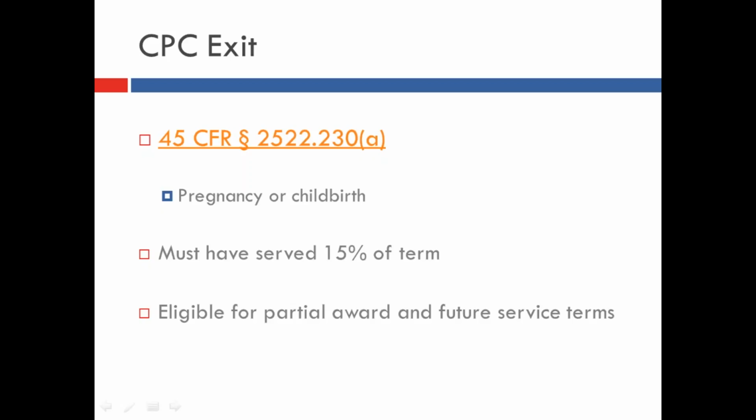Same as that, like I mentioned, a lot of these reasons apply for suspension as well. To be exited for CPC, the member must have served 15% of their term. And unlike the cause exit, the exit that a member is not eligible for an award and ended service early, that slot, that member position that the member was serving in, if they're exited for CPC, is not eligible for a refill.